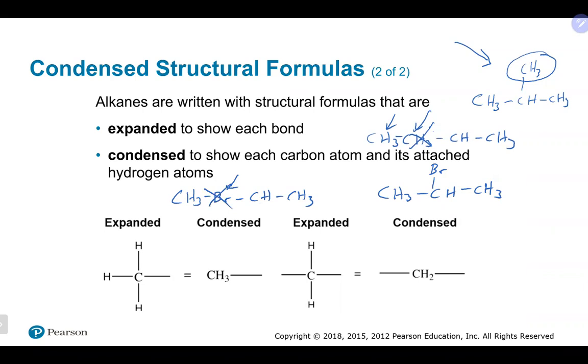In an organic molecule, there is a main part of the molecule, which is the backbone, and then everything else is attached off of that. It's not part of the main part of the compound.